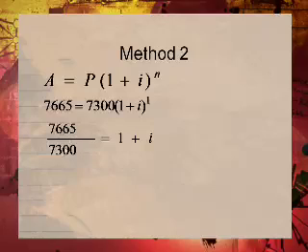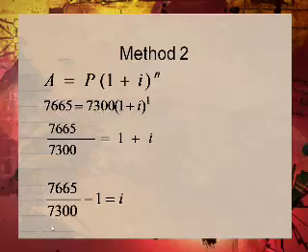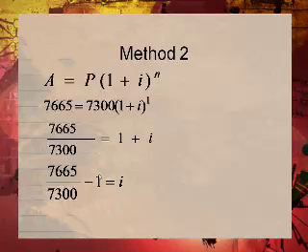I have 7665 over 7300, which is 1 plus I. On your calculator, minus 1, it's I. You get 0.05. This is I, multiplied by 100. You get 5%.